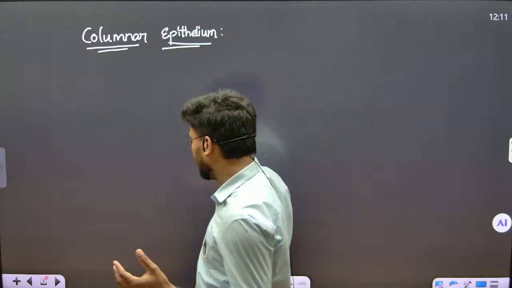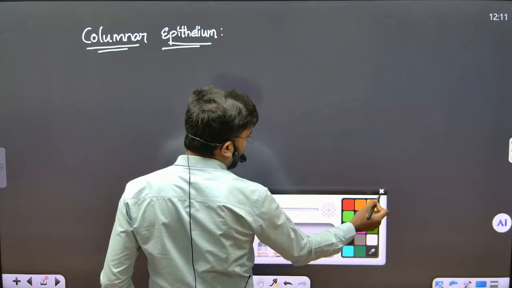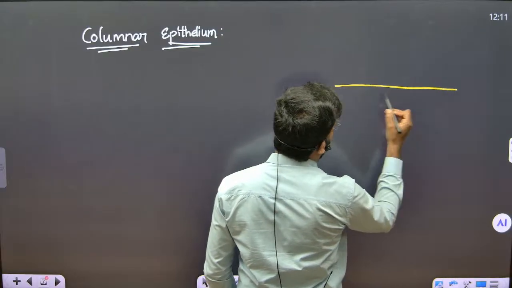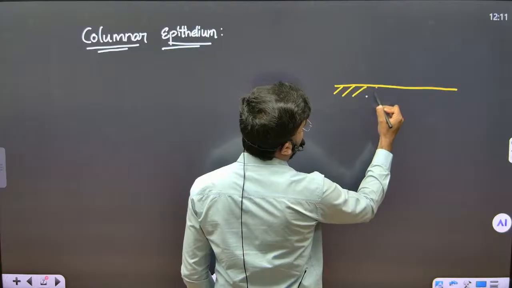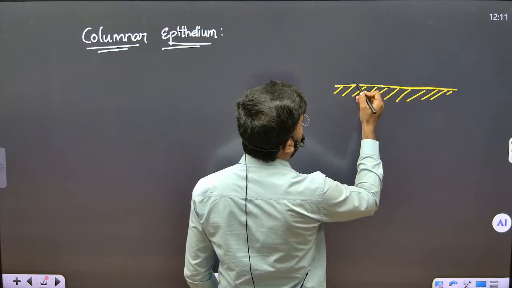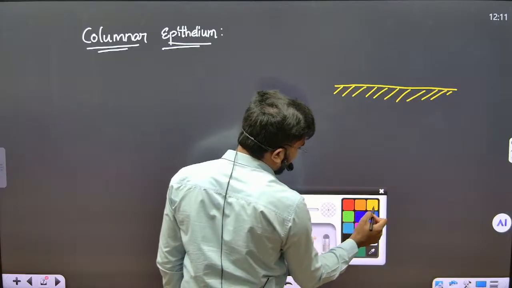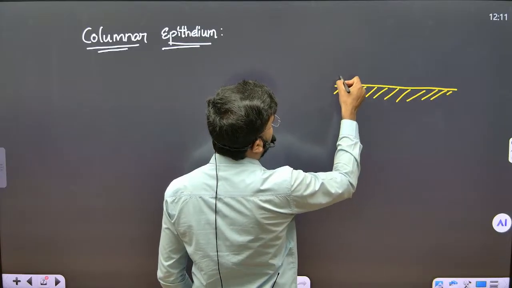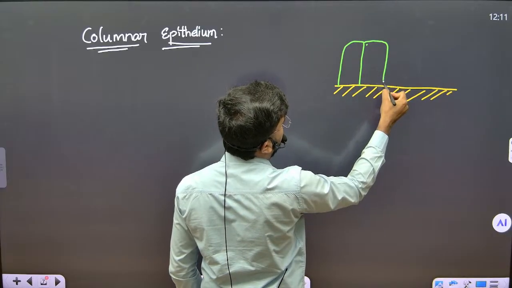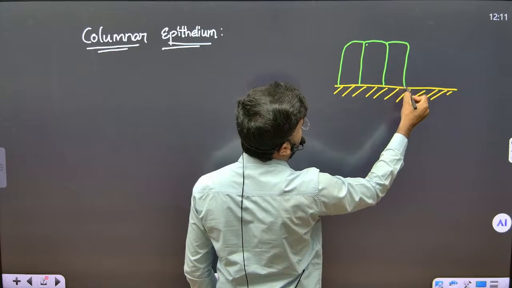How does it look? Let us have a look. It will look like this. This is the basement membrane, and the tissue is present as long pillars like this, like this, like this.